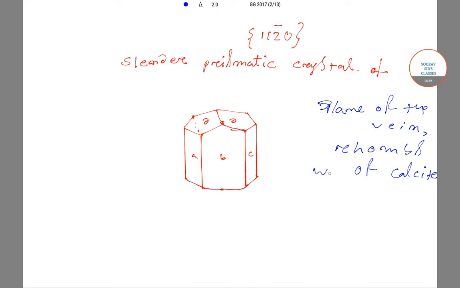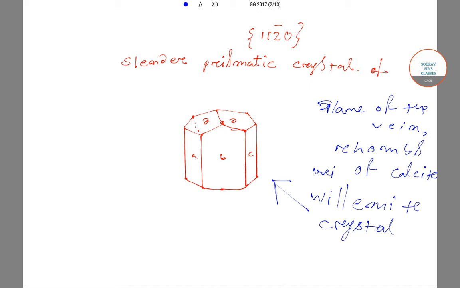The willemite crystals show distinct basal cleavage, but all faces are dull and give poor readings.